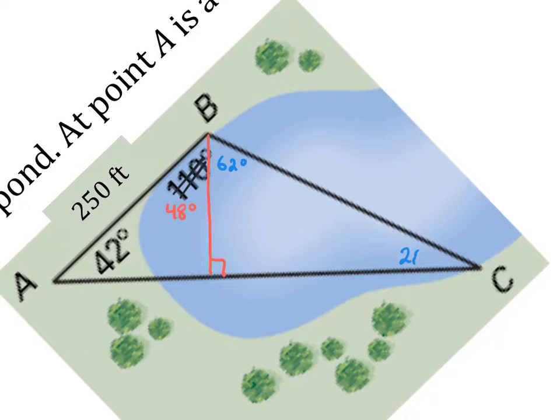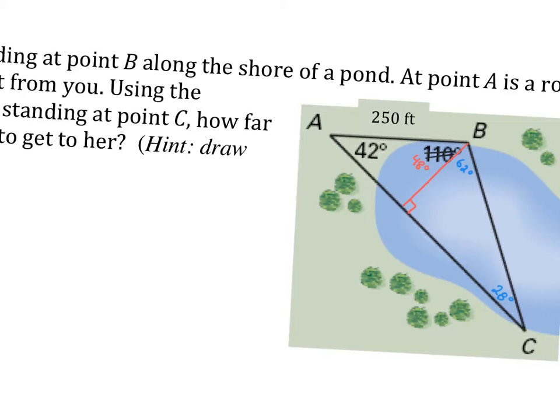Okay, now continuing on, I need to find out what this distance is right here, all the way across. So I do know 250, which means I can use trigonometry to find out this red altitude. And then from there, I can go on and use this and this angle to find out that distance there. So I'm going to start by finding the altitude.